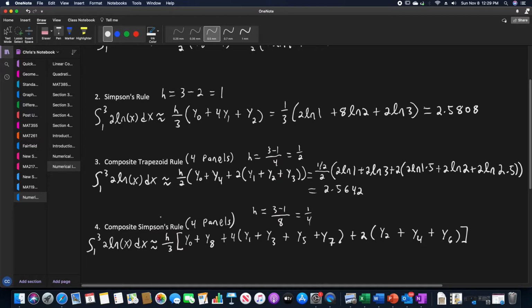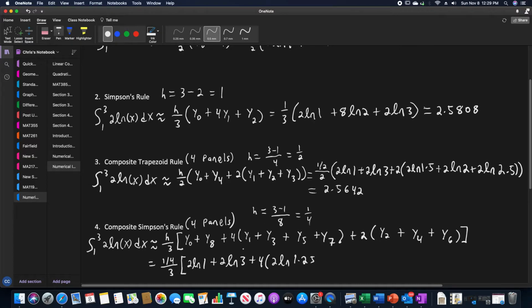So, the actual formula, when we break this up, again, bear with me, it's a long one. 1/4 divided by 3 times, this would be 2 times the natural log of 1 plus 2 times the natural log of 3 plus 4 times 2 times the natural log of 1.25.